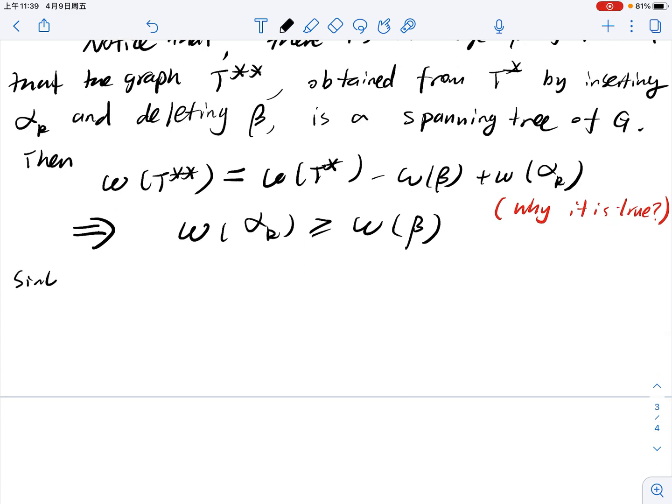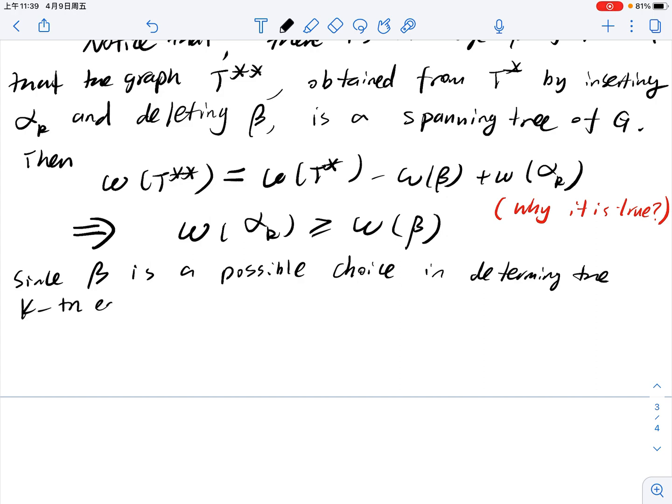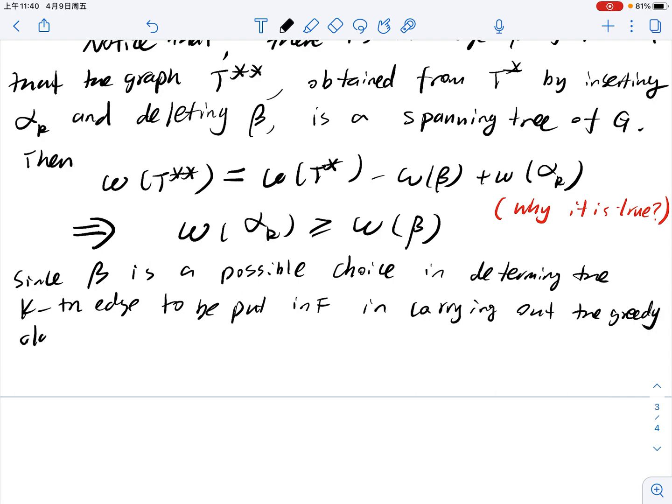But on the other hand, beta is a possible choice in determining the k-th edge to be put in F in carrying out the greedy algorithm.